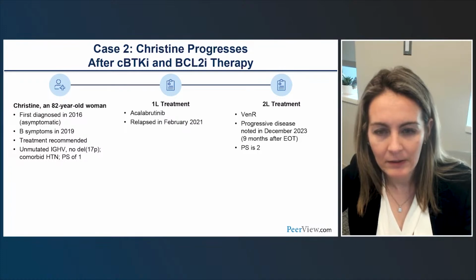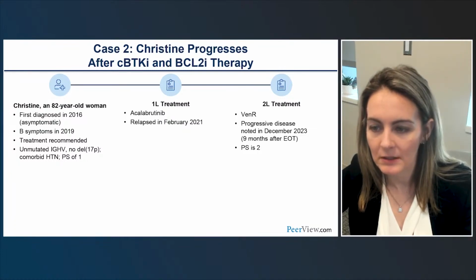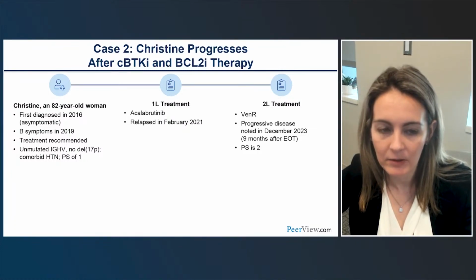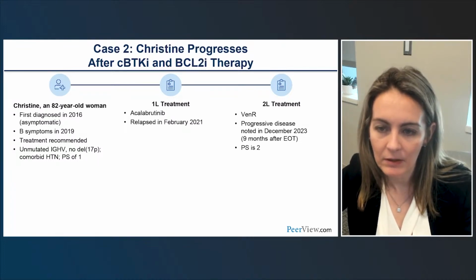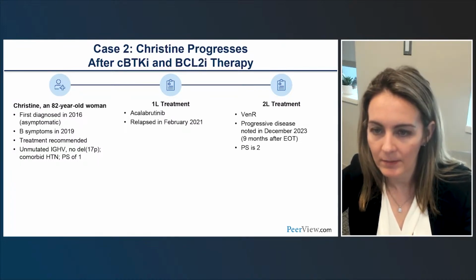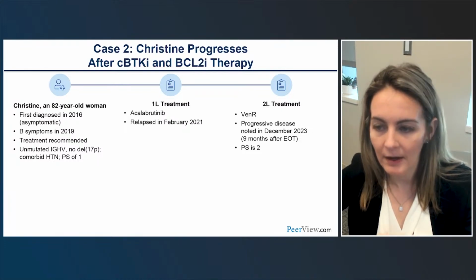A very early relapse, though, just 2 years into covalent BTK inhibitor initiation, and then going on to standard of care therapy with the MURANO regimen with venetoclax rituximab, and a short relapse after end of treatment. So relapsing 9 months after end of treatment is on the higher risk side.